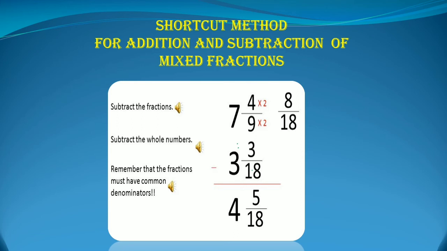Here 7 and 3 are whole parts. So 7 minus 3 will be 4, and 4 by 9 and 3 by 18 will be converted into like fractions and the difference or subtraction will be 5 by 18.